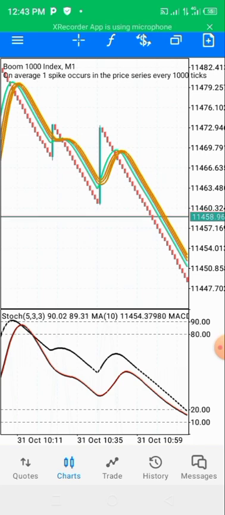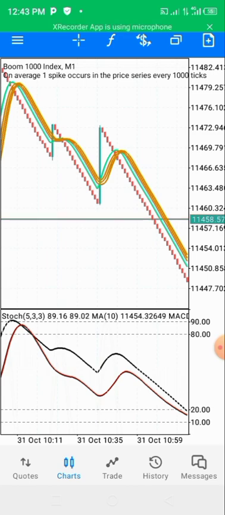So if you're trying to scalp boom and the market is on an uptrend, that means you'll be losing a whole lot of money, because you have a series of spikes happening at that moment. So once you see boom on an uptrend, it's not advisable for you to scalp, because at that moment it's giving you a whole lot of spikes. That's why the market is pushing up, because they have a series of spikes happening. So the best time for you to scalp boom is when you see the market on a downtrend.